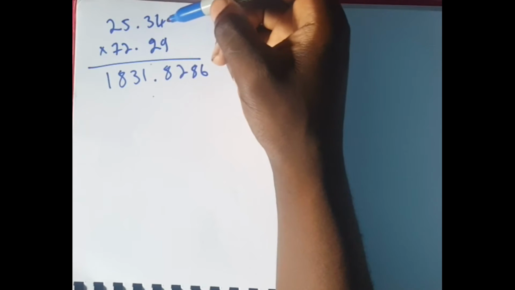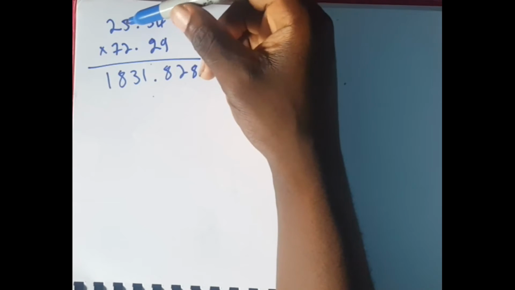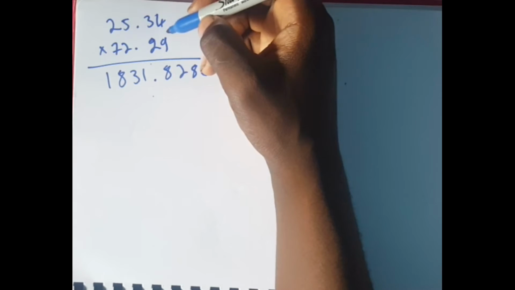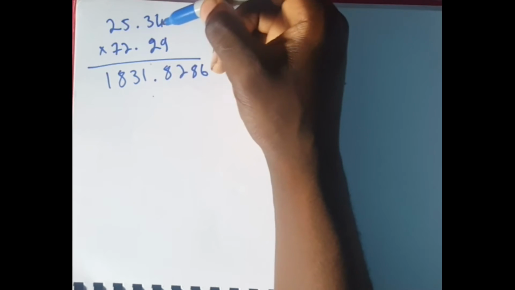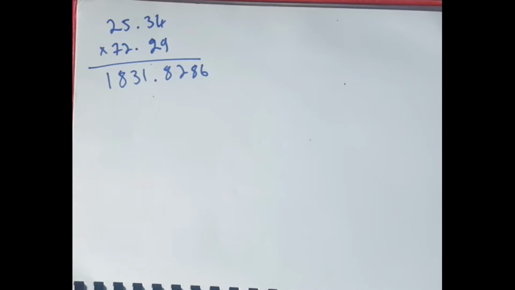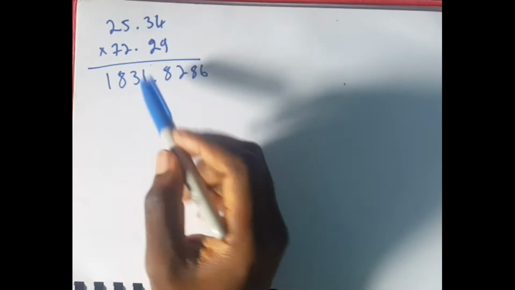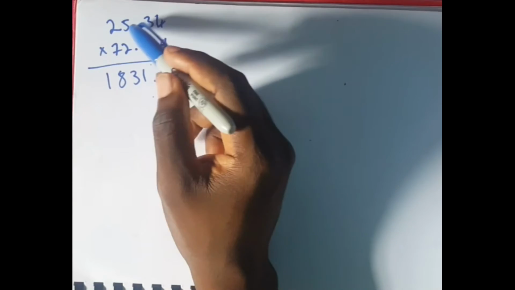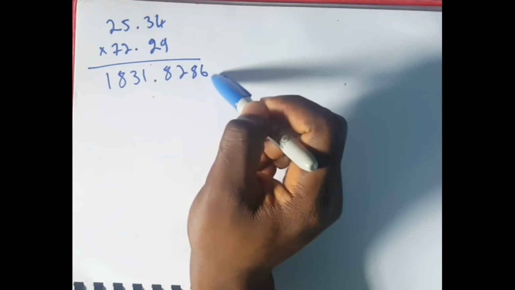So 2 numbers, and both have the same number of significant figures. So I know that my final answer should have 1, 2, 3, 4 significant figures in it. So that's the difference between addition and subtraction and multiplication and division. In multiplication and division, it is the amount of significant figures in the number with the least amount of significant figures. That's what your answer should have.